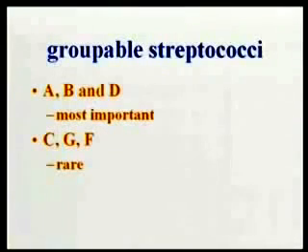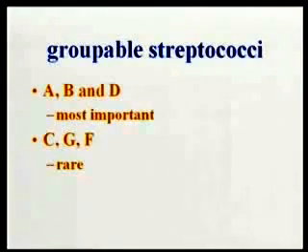Now, among the groupable streptococci, by far the most common are A, B, and D. We got interested here at USC in C simply because the head of the Student Health Center here was very interested in it, so I've published a couple of articles on Group C, but G and F are just almost unheard of.